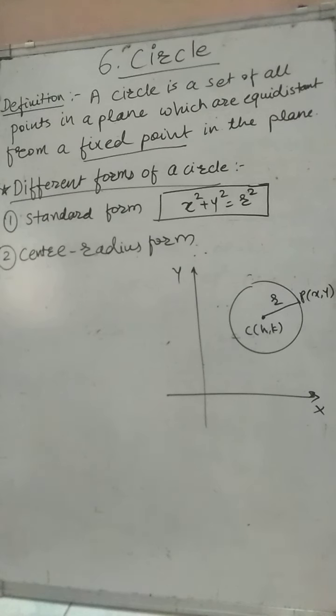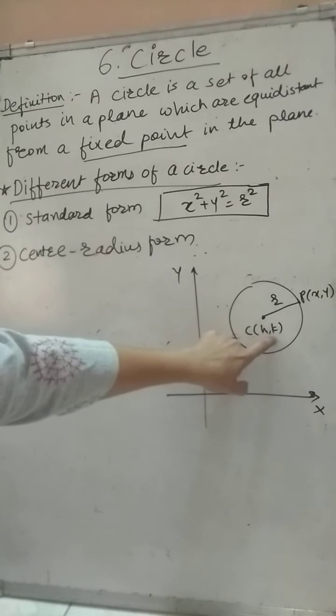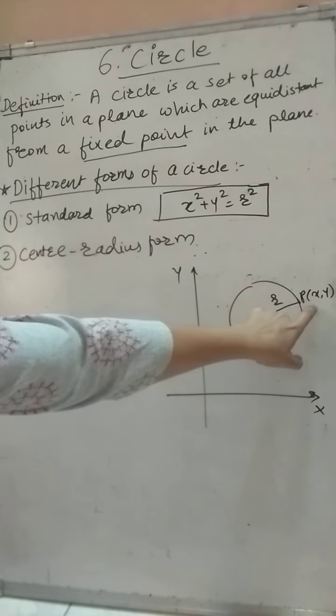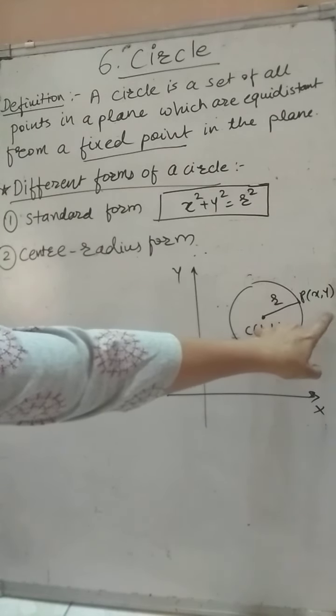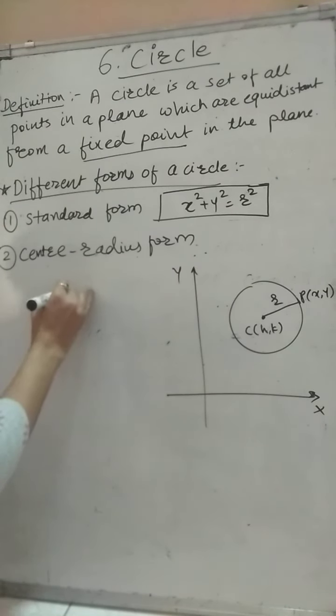Now what is the second form? Center radius form. If we consider a coordinate system, a circle having center (h, k) and any point on the circle P(x, y), so we get radius CP is equal to r.